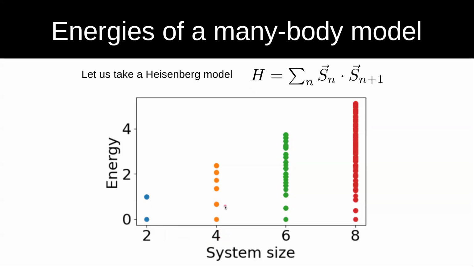For 4 sites, you have more. For 6 sites, you have more. For 8 sites, you have more. And actually, the number of eigenenergies that you get here grows exponentially with the system size. It is exactly the same growth as the dimension of the matrix. In principle, when we are interested in quantum many-body systems, we want to focus on the lowest energy eigenstate.